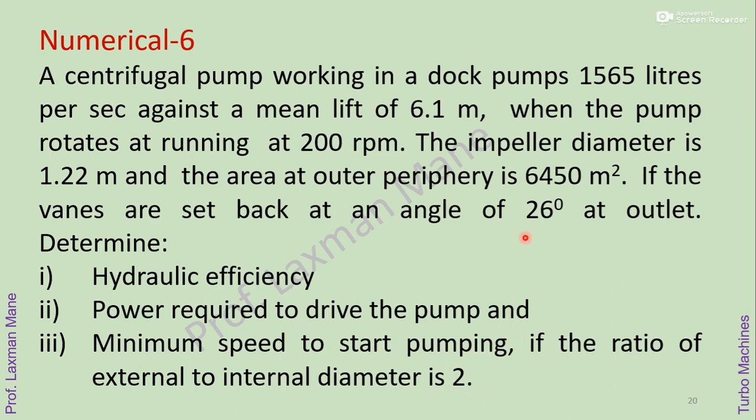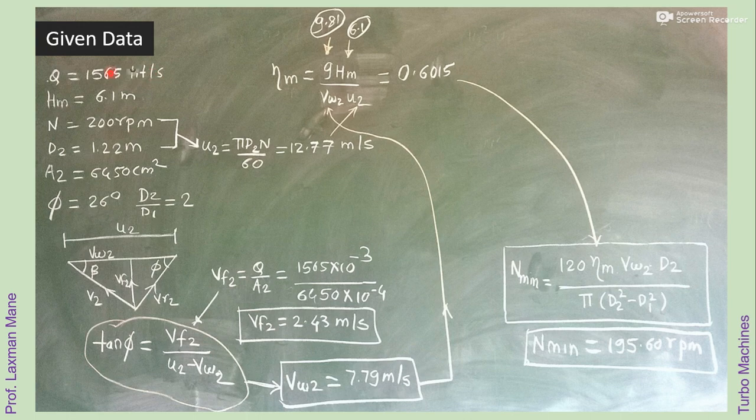So as per this data, first of all we will write down Q in liter per second discharge, manometric head, speed, outer diameter, outer area in centimeter square, phi angle, and relation d2 by d1 is equal to 2. So first, from d2 and N value, we find u2, means vane speed at outlet, that is π d2 N by 60.